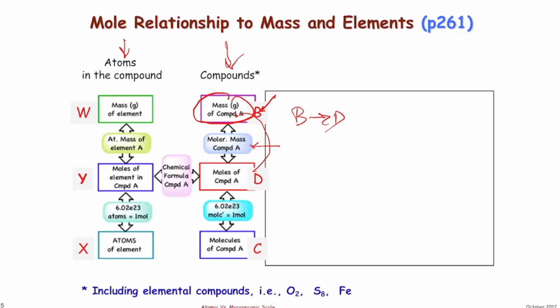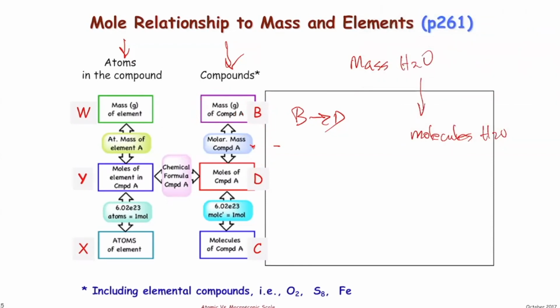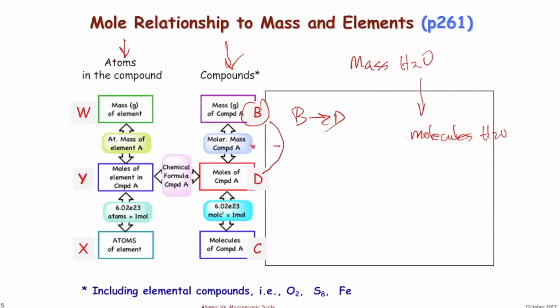If you have the mass of water and you want to know the number of molecules of water, then you start at B because that's the mass of a compound. And then you end up at D because that's the moles of that compound, but you would need the conversion factor, the molar mass.